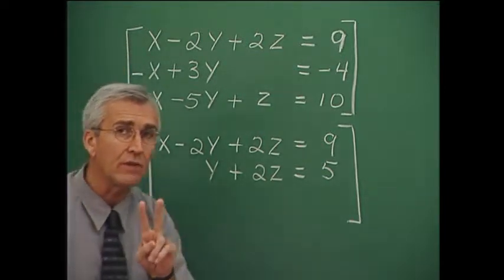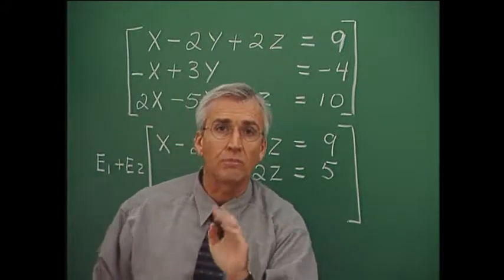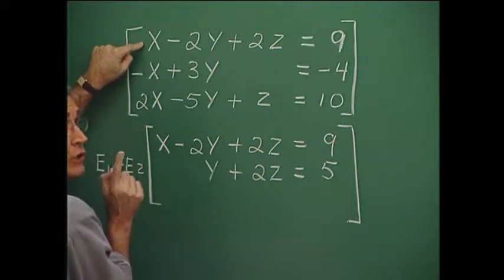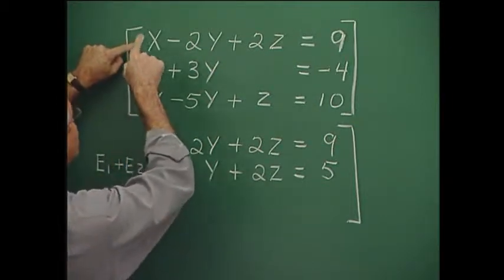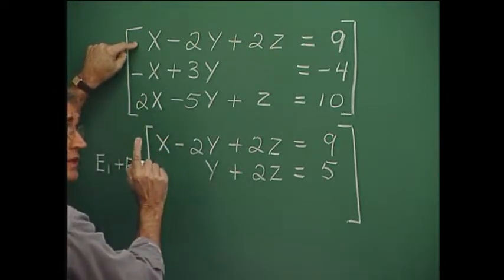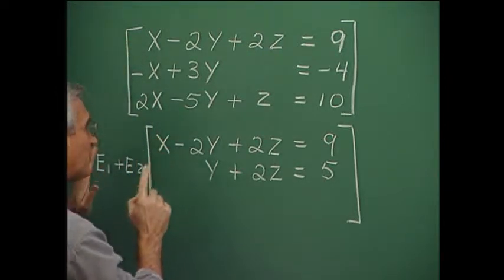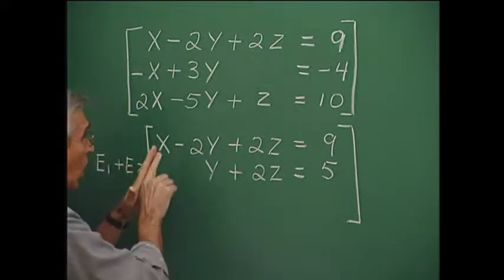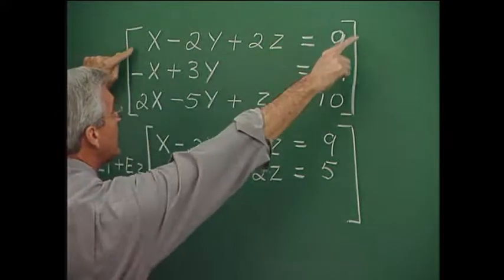Now I have to do two things here. I have to multiply equation 1 by negative 2, so negative 2 times x is negative 2x, and then add this. I'm doing two things at one time, but it's not too difficult as long as all I'm doing is multiplying and adding.